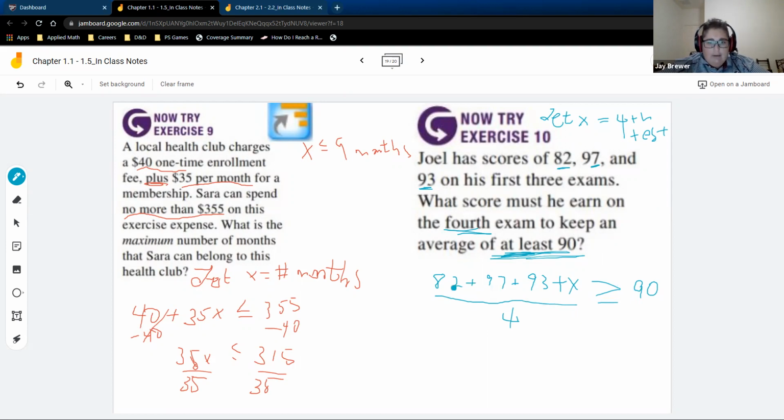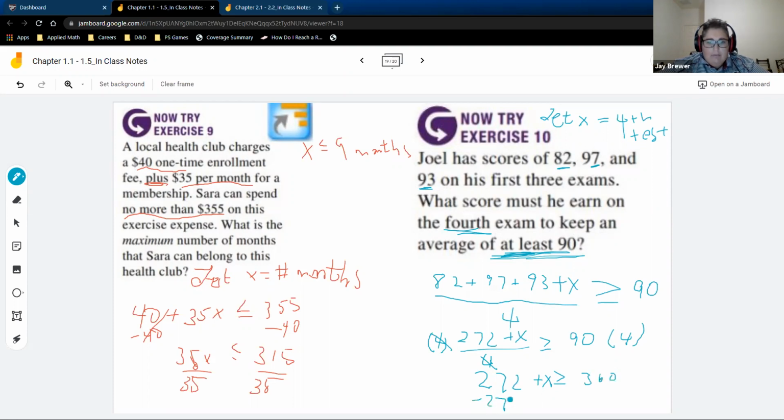So if we add these together, 82, 97, and 93, we get 272 plus X divided by 4. So we're going to multiply both sides by 4, and that'll get rid of the 4 on the bottom. So it'll be 272 plus X. And then 90 times 4 gives you 360.